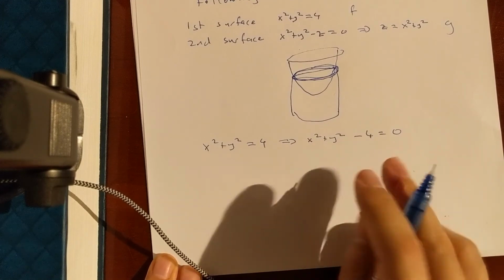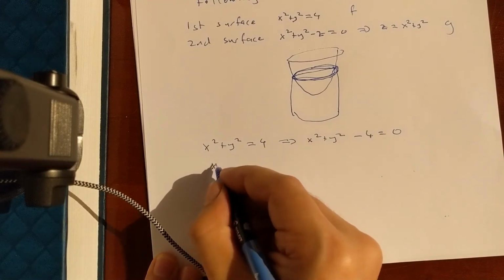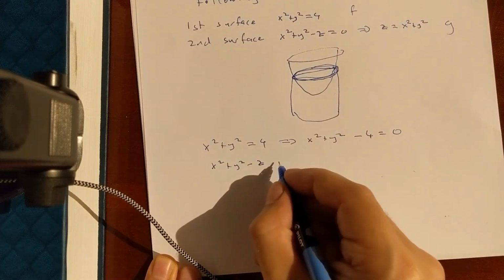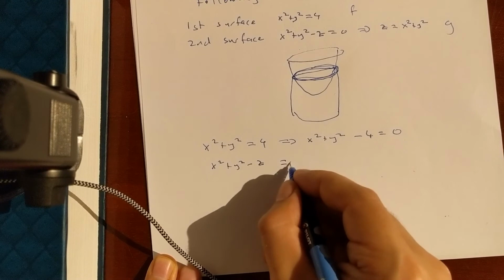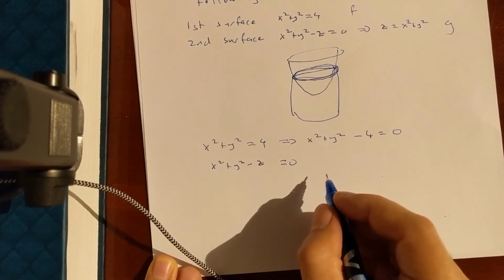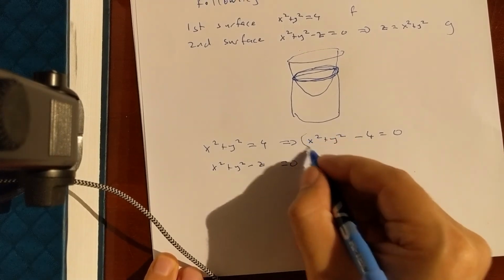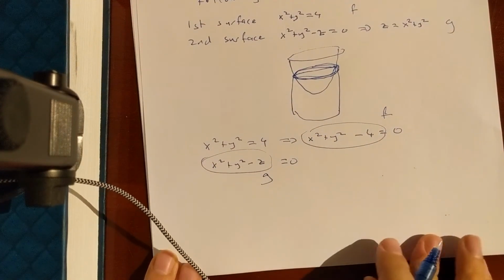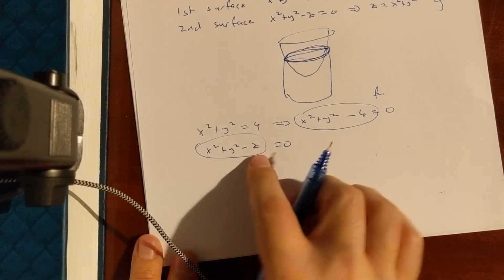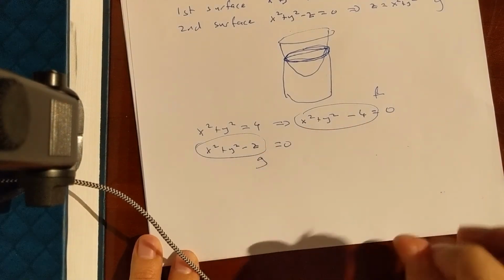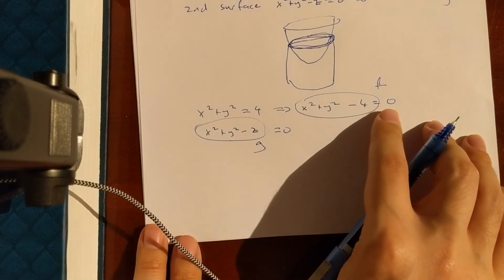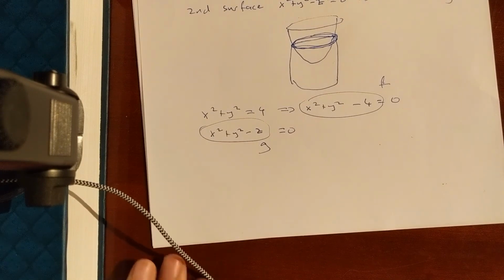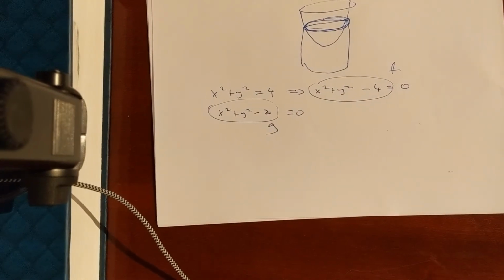So we see this as a level surface at height 0. And this guy, x squared plus y squared minus z equals 0, is going to stay by itself. Now f is a function of 3 variables again, it's just that there's no z in it, so the z derivative is just 0.